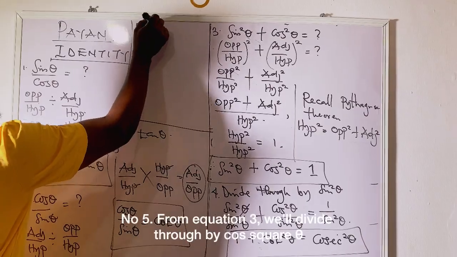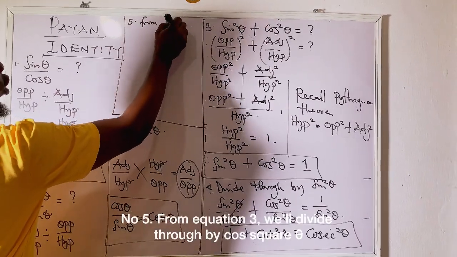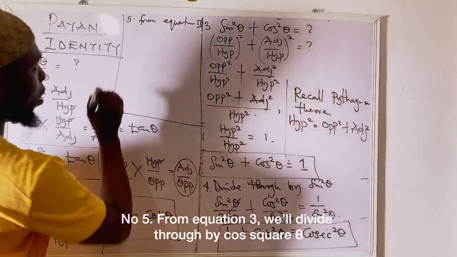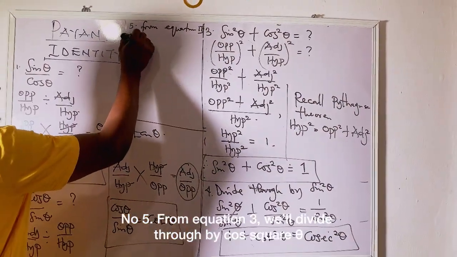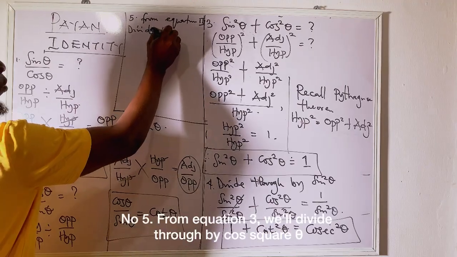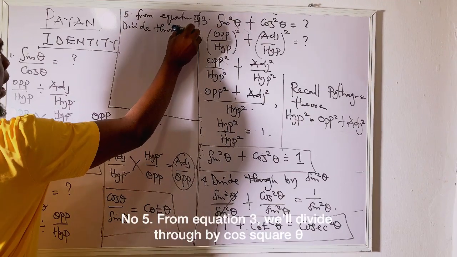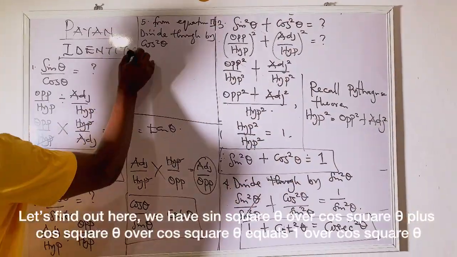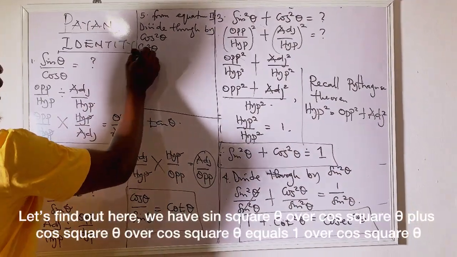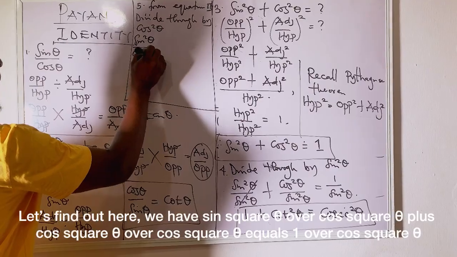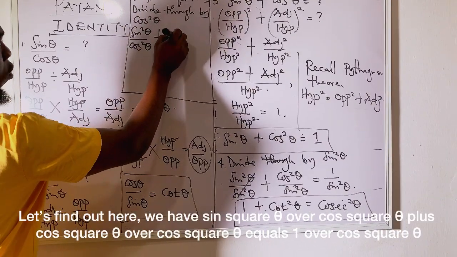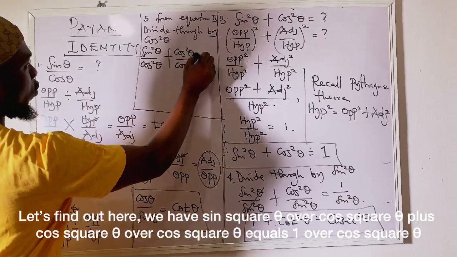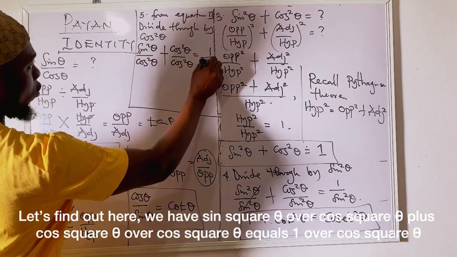Number 5. From equation 3, I will divide through by cos square theta. You have sine square theta over cos square theta plus cos square theta over cos square theta equals 1 over cos square theta.